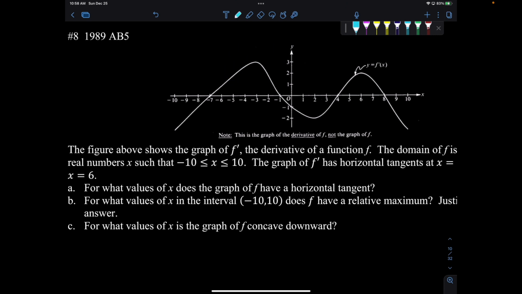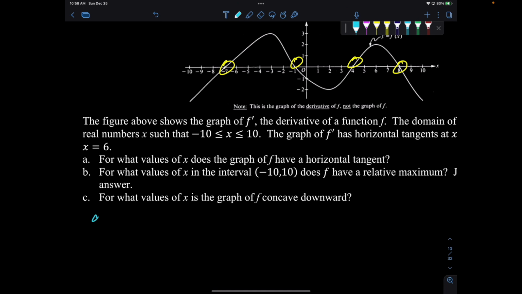All right, so for what values of x does the graph of f have a horizontal tangent? So we're looking at f prime. Horizontal tangents are just going to be where we have zeros for this thing. Here, here, here, here. Lots of them. We don't need to justify it, but maybe I shouldn't circle the number so I can actually see it.